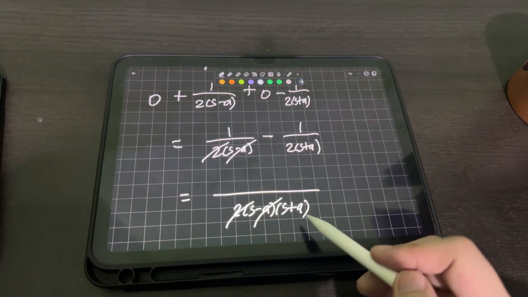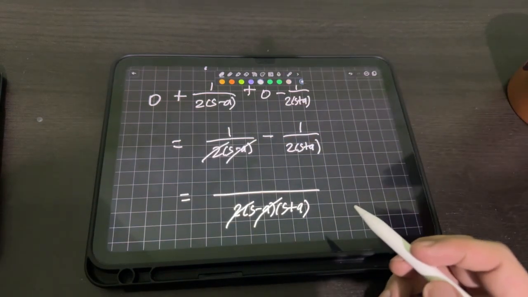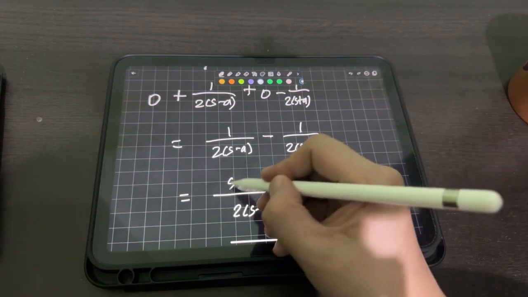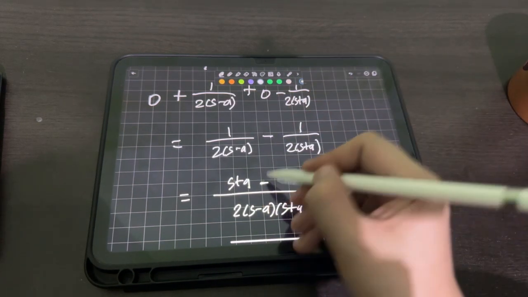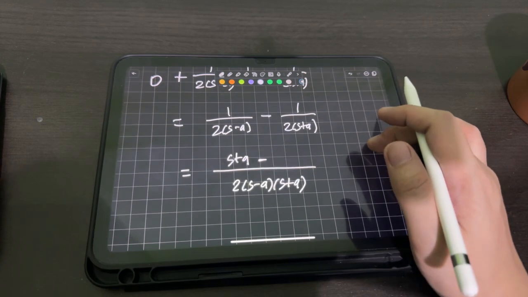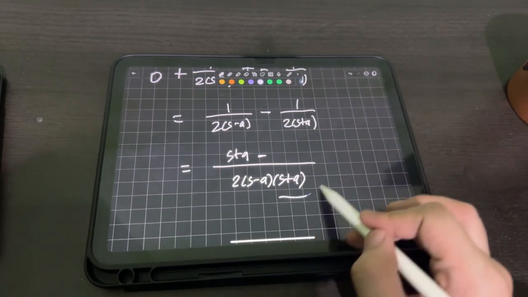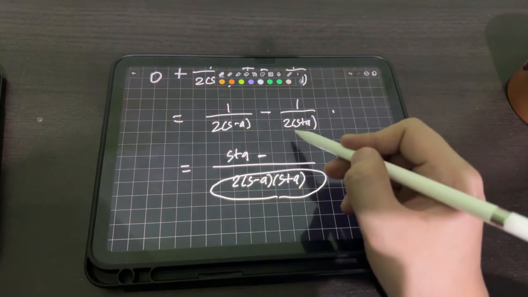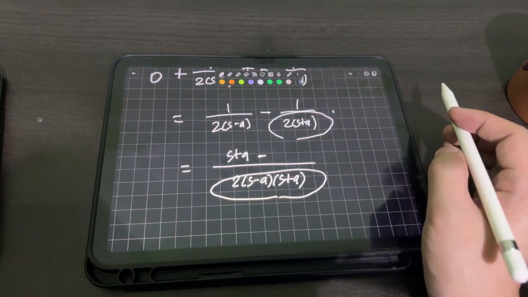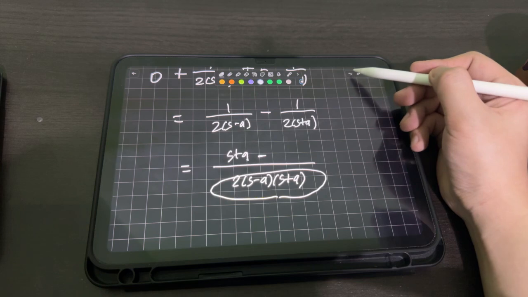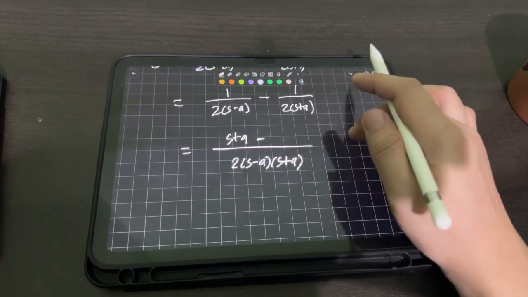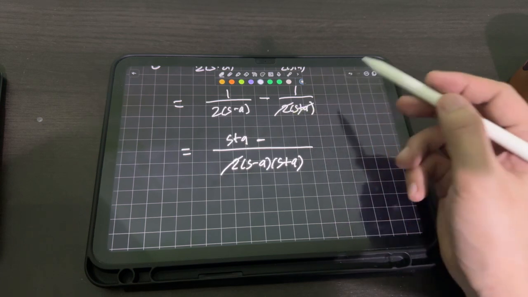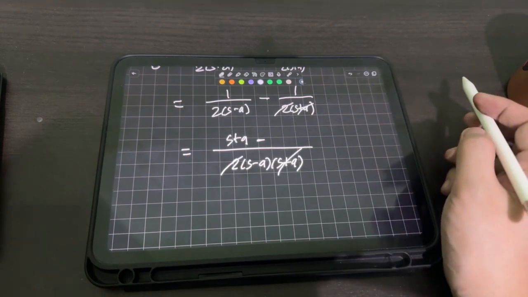Then multiply this s plus a times the numerator 1, s plus a. Okay, so you have s plus a, then minus, also do the same here for the second fraction. Divide this LCD by the denominator, 2 times s plus a. Okay, what can you cancel? You can cancel 2 and s plus a, right?